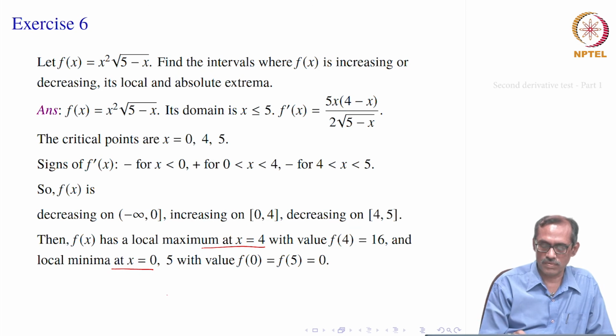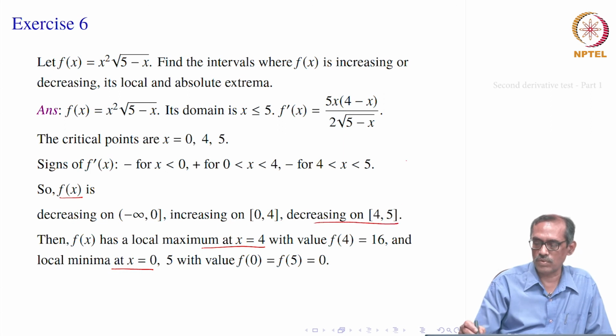And what about 5? At 5 we do not have anything, you have only negative for 4 to 5, that is all. But it is an end point. So, f of x is decreasing on 4 to 5, and it is an end point. So, you would say that 5 is also a local minimum point.